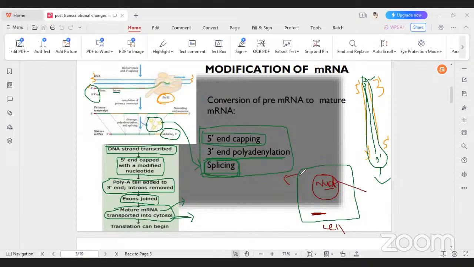Just below the cell wall, the plasma membrane is also present. Now, what is present between the nucleus and the plasma membrane? This gap is the cytoplasm.